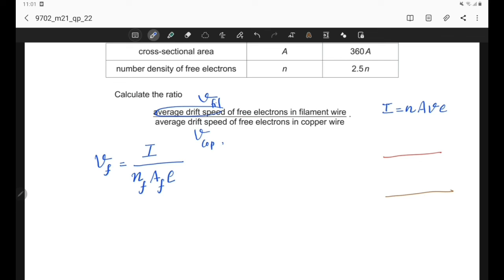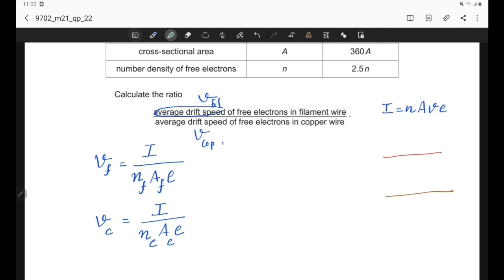Again, the charge of the electron is constant, so we can use the common symbol E. Similarly, we can find the equation for the drift velocity for copper wire. That will be equal to, the same current is flowing through copper, so we can use the same symbol I, over the number density of copper, area of cross section of copper times E.